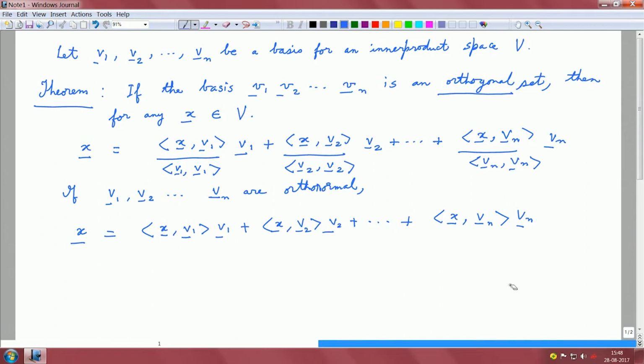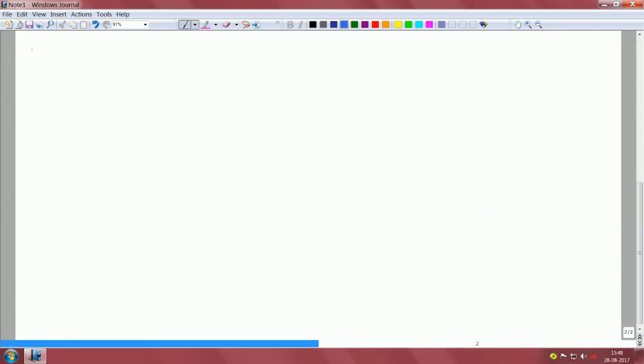So, the proof is very straightforward, very easy proof. What we do is we write x in terms of some components that connect the basis, right.